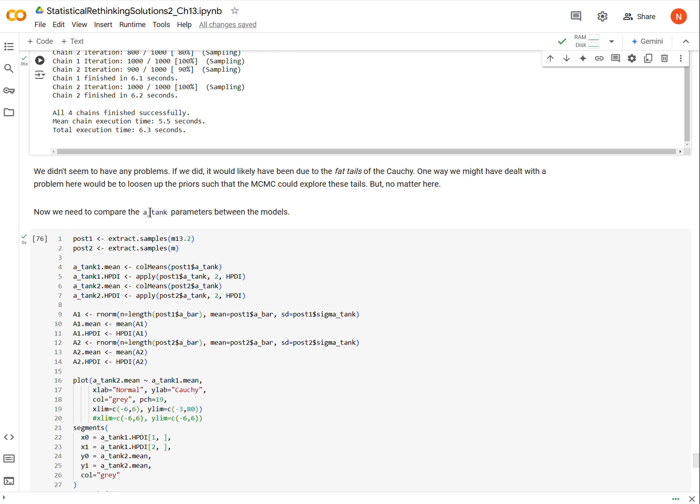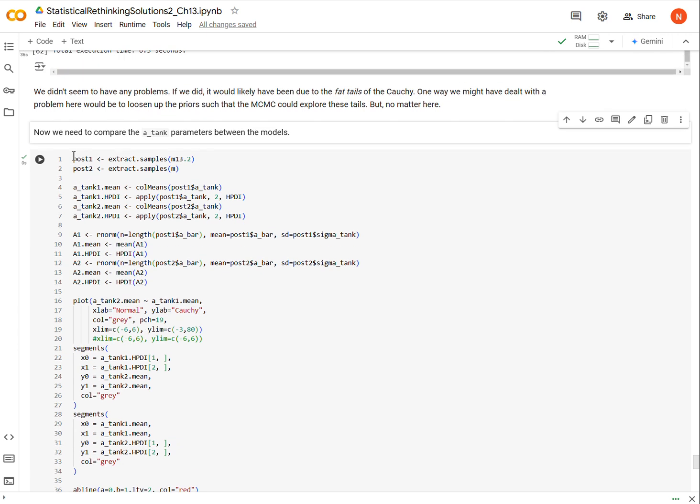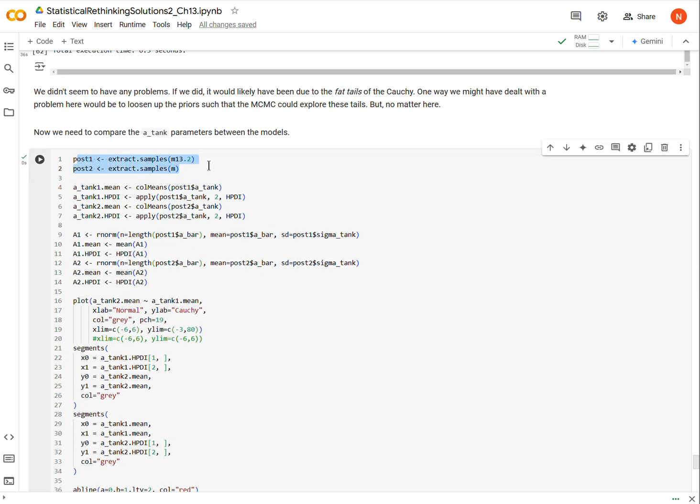So now we're going to compare the A tank parameters between the two models. There's just a lot of code here, and it's going to make a plot. Basically, I'm extracting the posterior distributions from my two models, and then I'm looking at the A tank estimates from those posterior draws, and I'm taking the mean of those estimates for each tank as well as the high probability interval for each tank in each model.